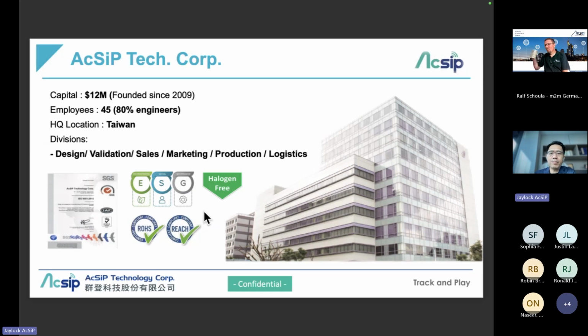Today, we have a team of approximately 45 employees with a very strong engineering focus. In fact, about 80% are engineers in-house. We handle most things in-house, from design and validation to sales, production and logistics as well.